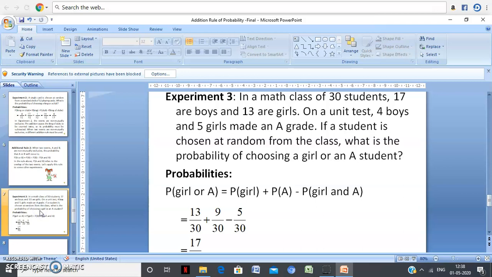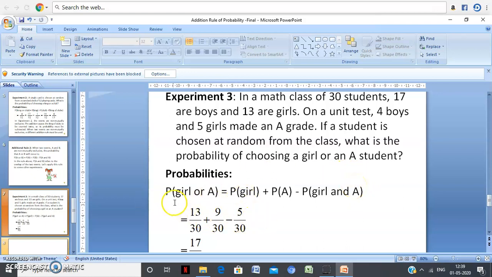Experiment number 3. In a maths class of 30 students, 17 are boys and 13 are girls. On a unit test, 4 boys and 5 girls made an A grade. If a student is chosen at random from the class, what is the probability of choosing a girl or an A student?